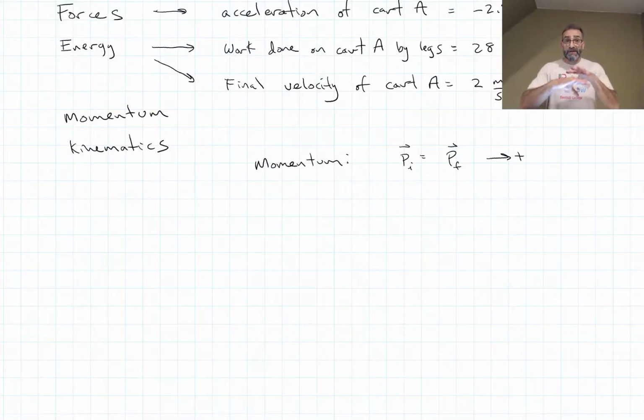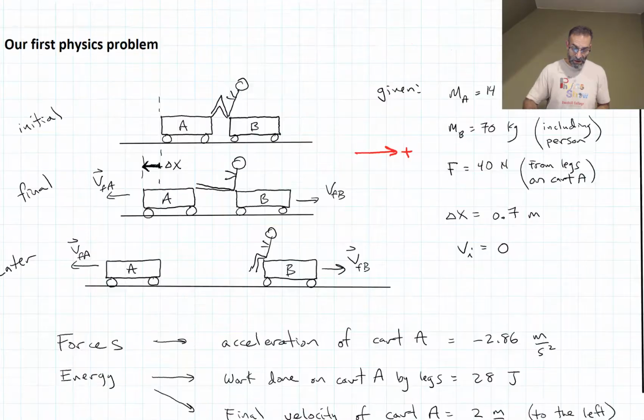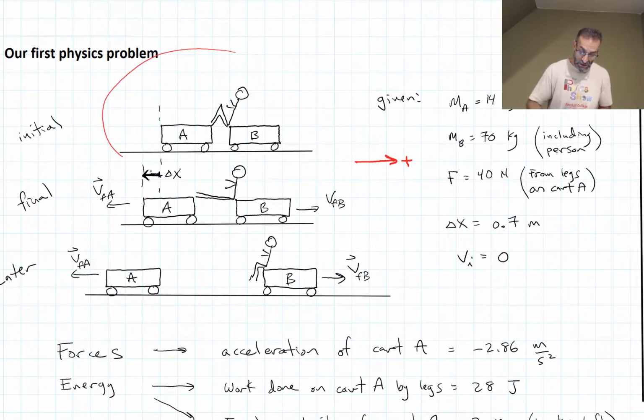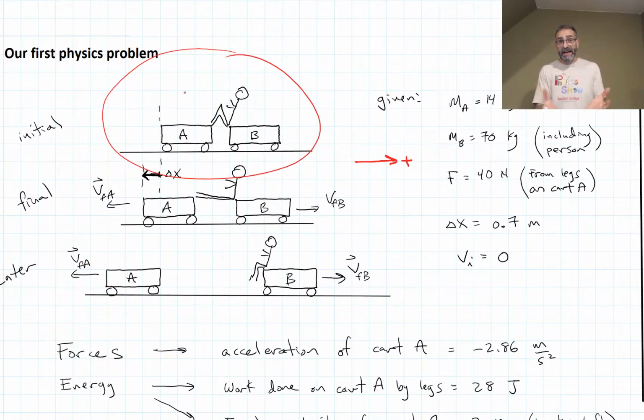So because all the forces are internal to our system, if we define our system as the 2 carts and the person, the legs pushing on cart A and cart A pushing back on the legs, those are all internal forces if we define our system as being the whole thing, cart A, cart B, and the person.